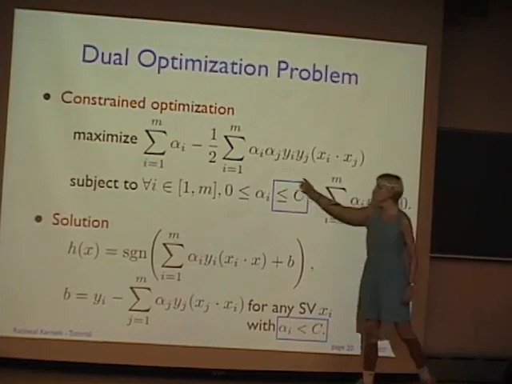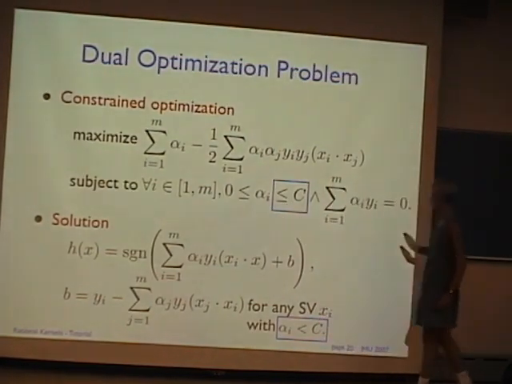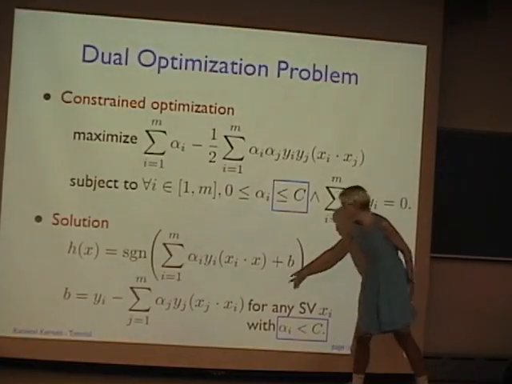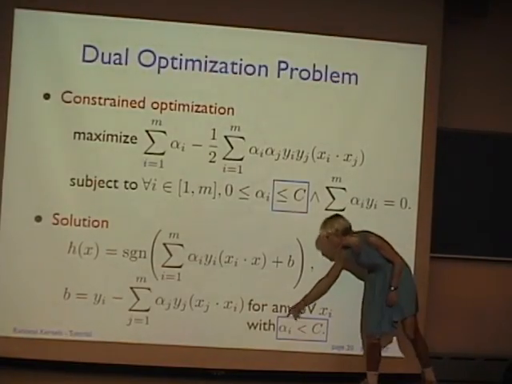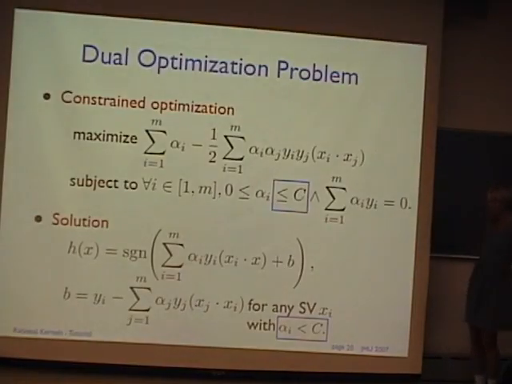The only change is that alpha I is now boxed in between 0 and C. And the expression for b is only evaluated with the ones where alpha I is less than C. So that's as much as I'm going to tell you about the optimization problems for SVMs.